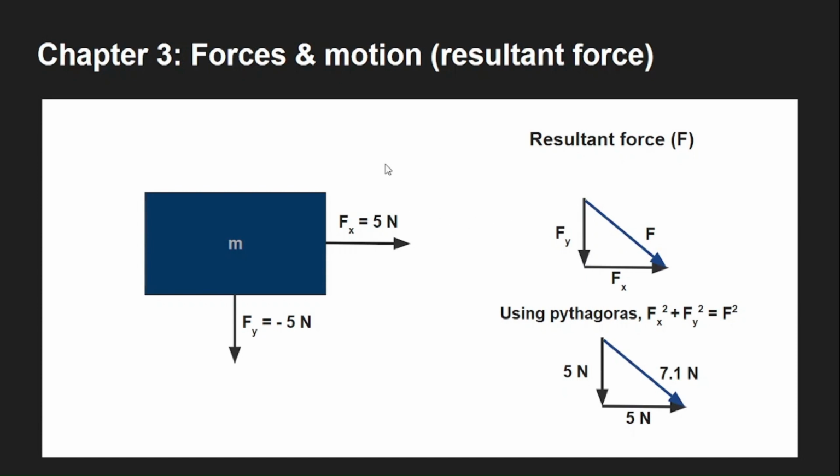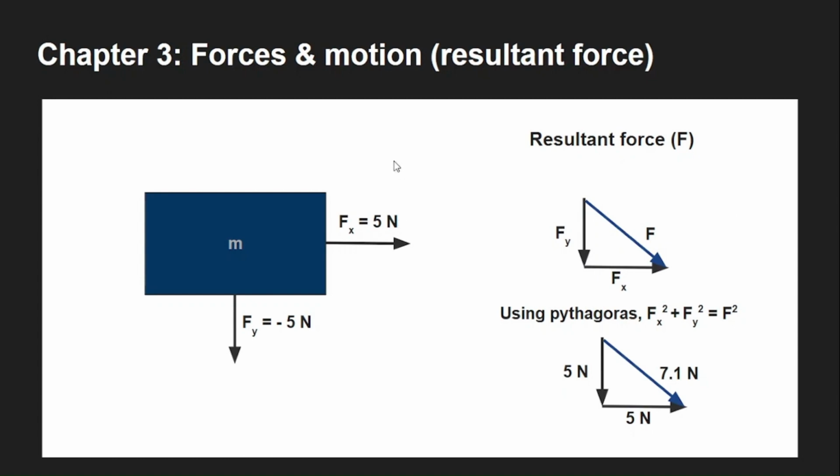For example, if I took a scale of 1 centimeter equals 1 newton, then I would have this arrow be 5 centimeters long, pointing downwards, and this arrow be 5 centimeters long, pointing towards the right. Then all I would have to do is join them by drawing this resultant force here. To find its value, I just need to measure its length, which gives a value in centimeters, and then apply the scale we assigned to get the value in newtons.